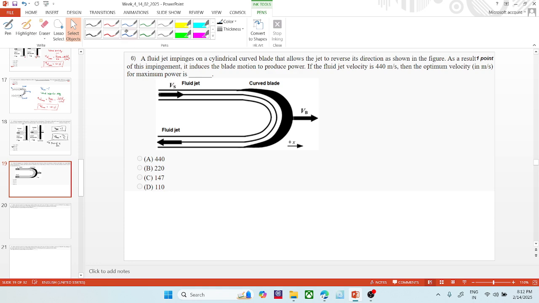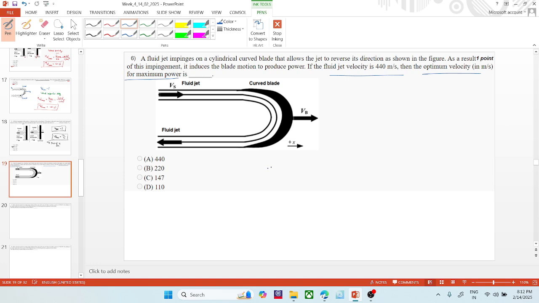This is the sixth problem, and what it is saying is that a fluid jet impinges on a cylindrical curved blade that allows the jet to reverse its direction as shown in the figure. As a result of this impingement, it induces the blade motion to produce power. If the fluid jet velocity Vs is 440 meter per second, then what would be the optimum velocity for the maximum power?